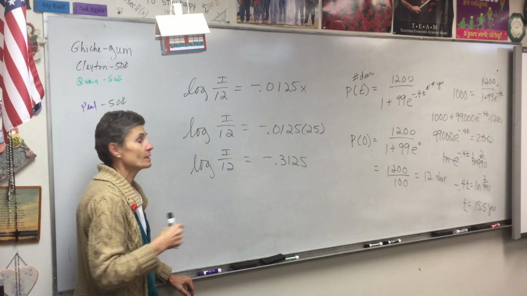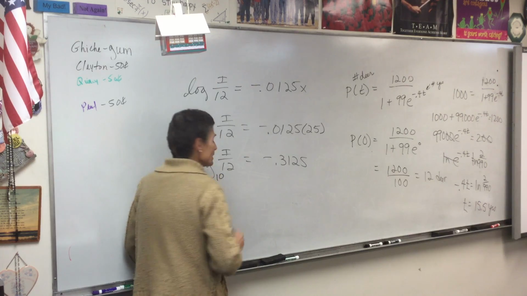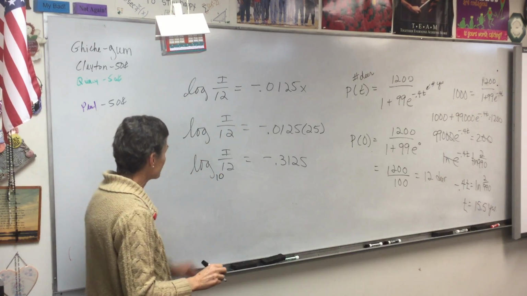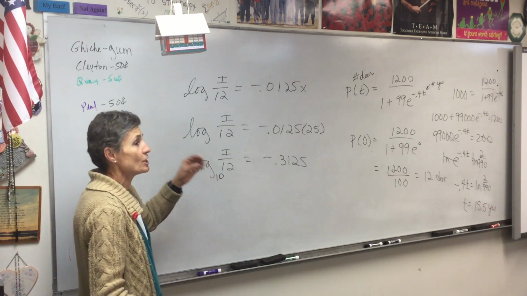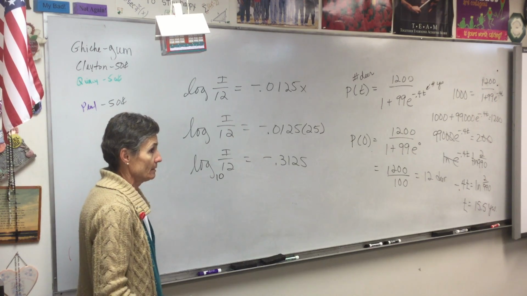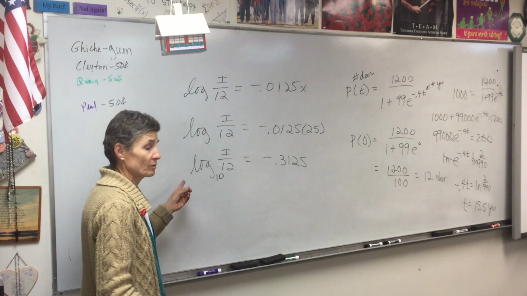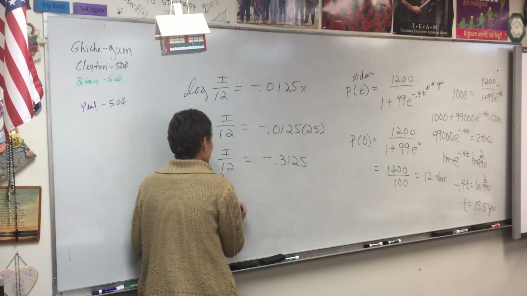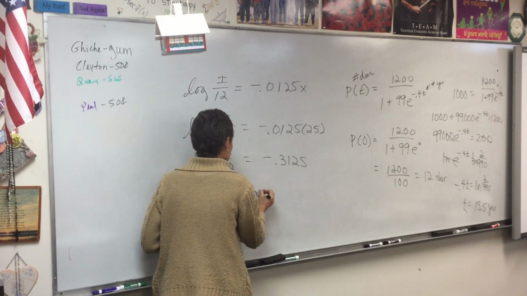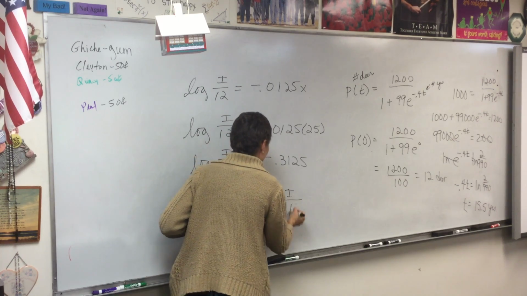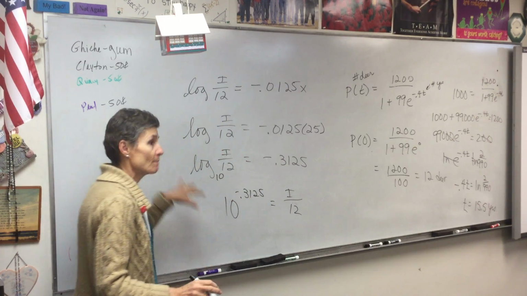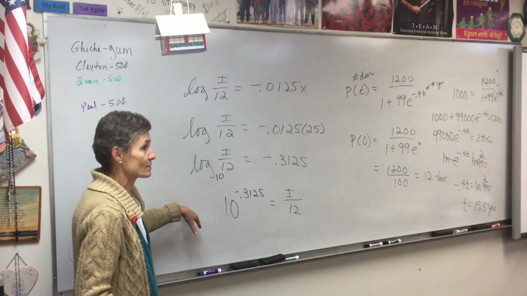Clara? Would you do 10 to the negative? Absolutely would. Thank you, Clara. The base of log is 10. You rewrite this. You can't process it with the logarithm. So it's 10 to the negative 0.3125 power equals I over 12. That's how you get rid of logarithms.